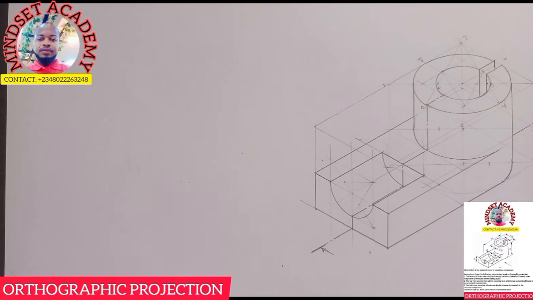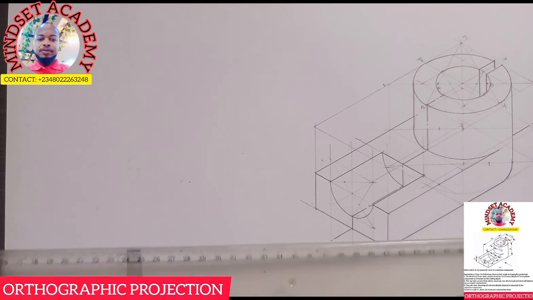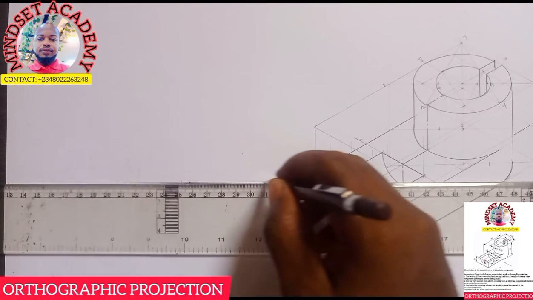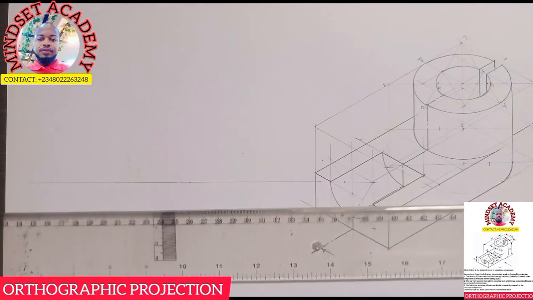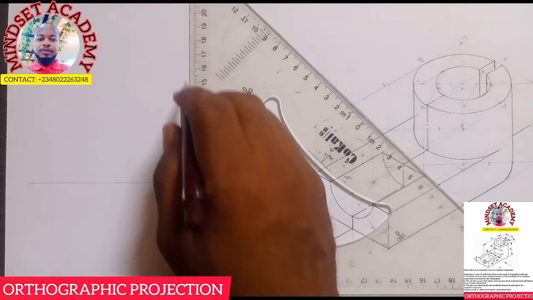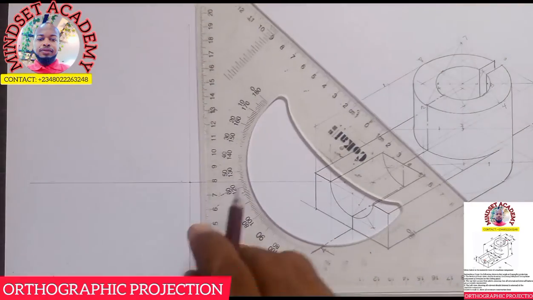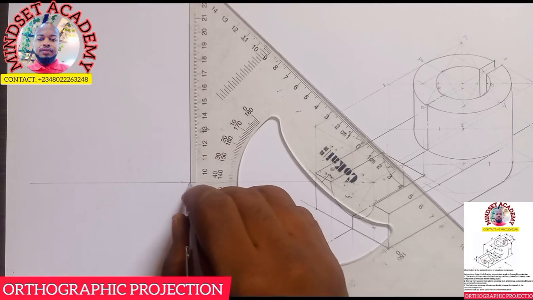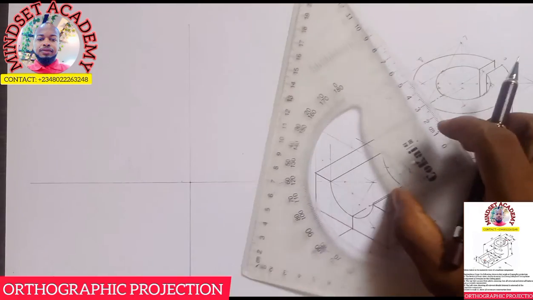Then draw your horizontal line this way, and also draw your vertical line this way. Hope you can see that.